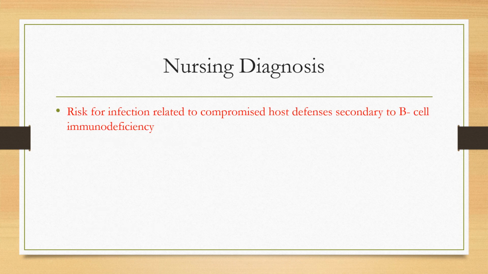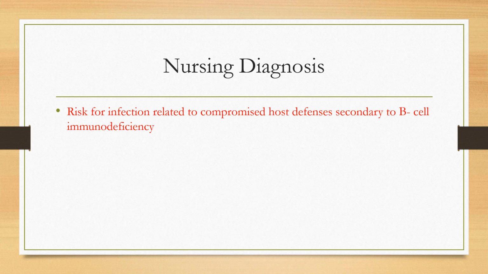Nursing diagnosis. Nursing diagnosis for this population is risk for infection. Listen up, ladies and gentlemen. Listen up, and then listen up one more time. A nursing diagnosis for this population is risk for infection related to compromised host defenses secondary to B cell immunodeficiency.